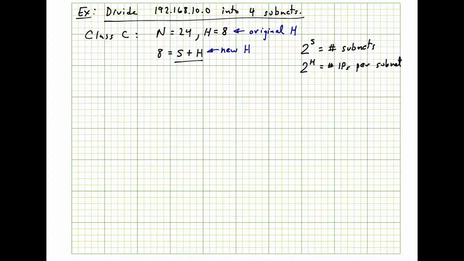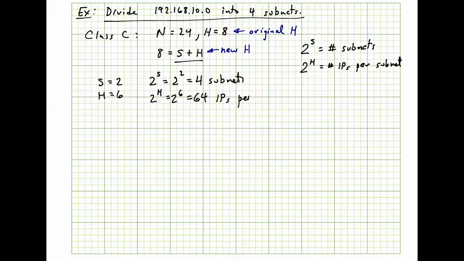Okay, so that if we want 4 subnets, we're going to set S equal to 2. And 2 to the H is 2 to the 6th, 64 IPs per subnet.